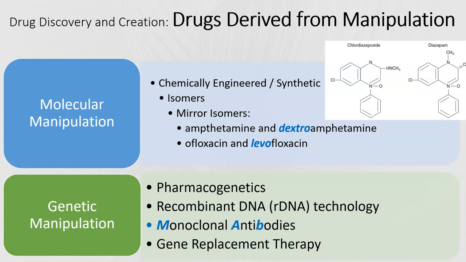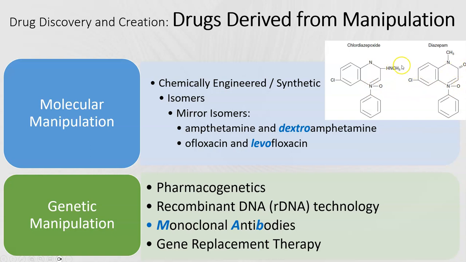Now, in addition to isomers, we can just change the way that there are functional groups on a molecular structure. So when we look at these, they basically look very similar. We've got the same shapes going on. We've got the same bonds happening here. We've got the nitrogen in the same place.